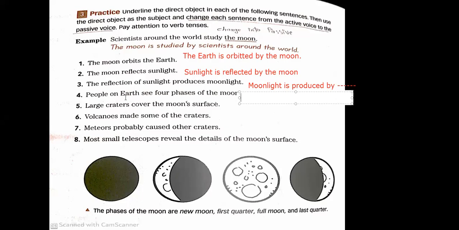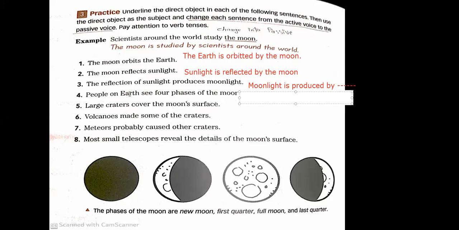People on Earth see 4 phases of the moon. Yes, where is the subject? The subject, people. Only people? No. People on earth is the subject, okay?